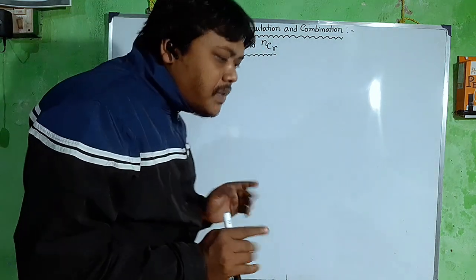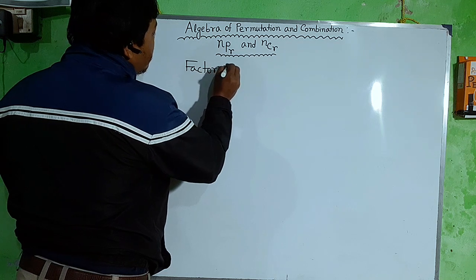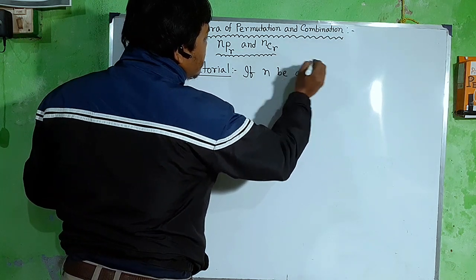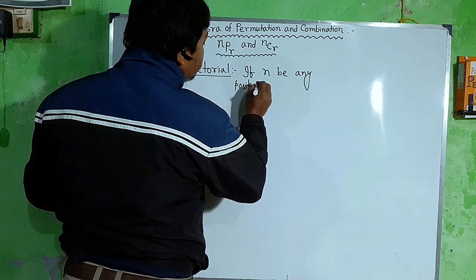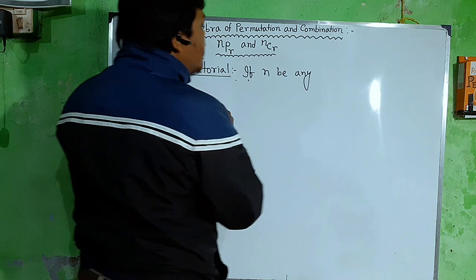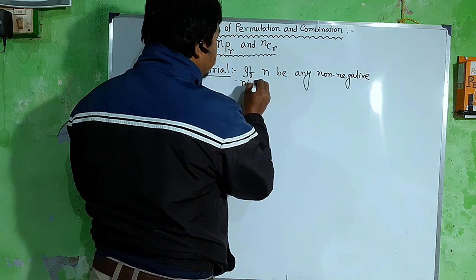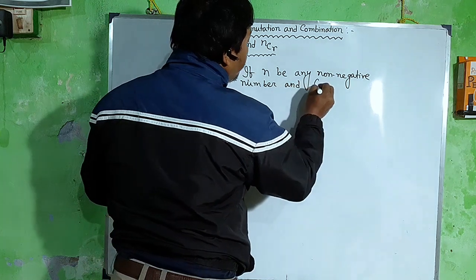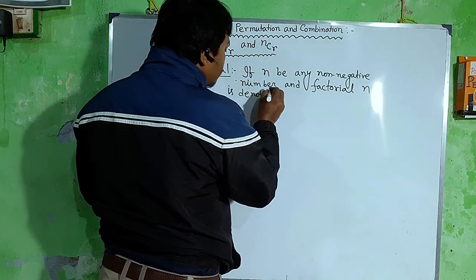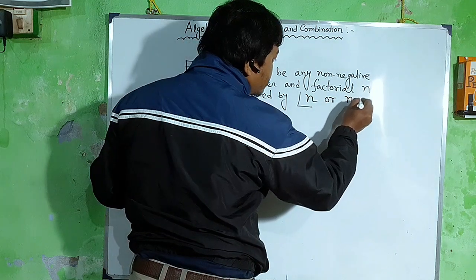So factorial: if n be any positive number, I have to say correctly, politically correct, n be any non-negative number, and factorial n is denoted by the angle of n symbol or n exclamation sign.